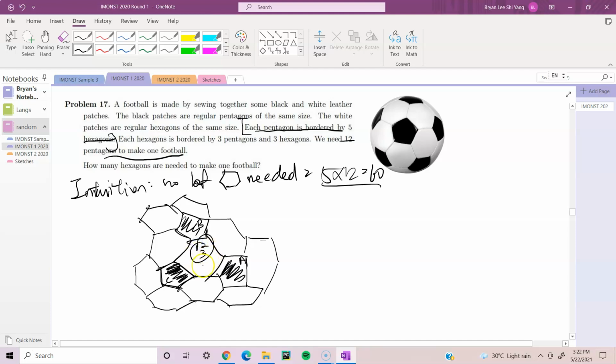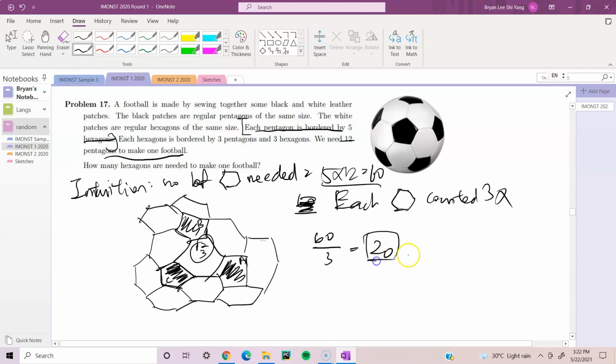The same thing happens to all of the hexagons on this football. So we see that each hexagon is counted thrice. So we need to write this down: each hexagon counted thrice. So what we need to do is to divide 60 by 3, and then we will get our answer, which is 20. So our answer for problem 17 is 20.